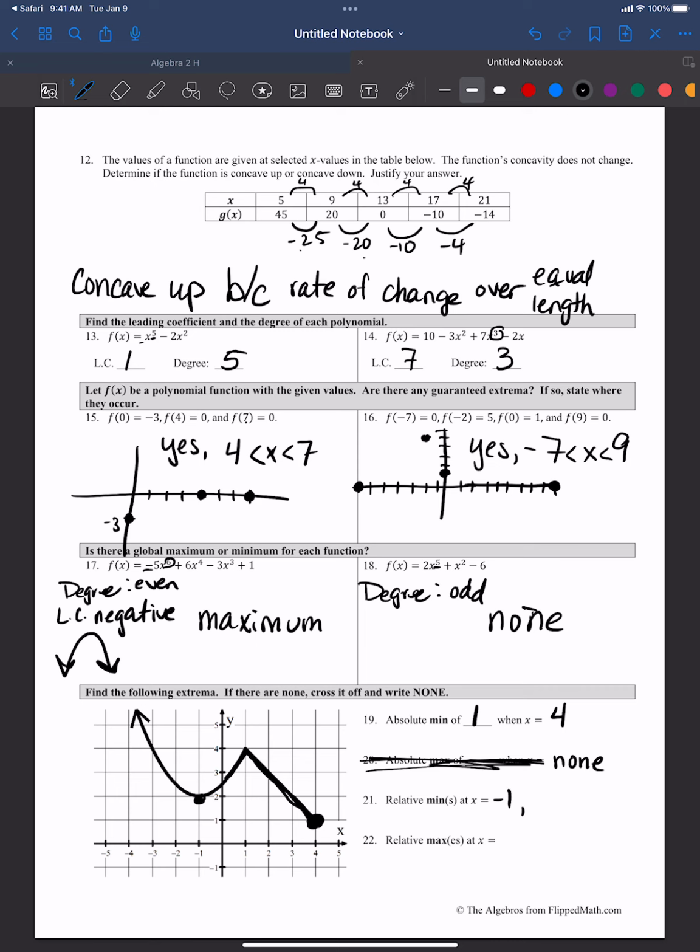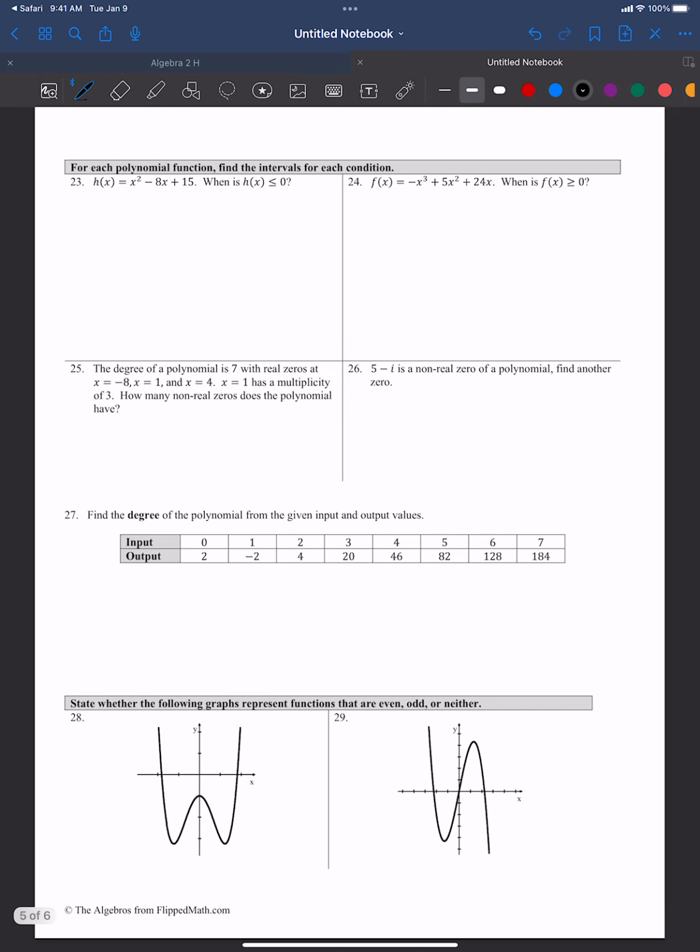And I've already identified the other minimum at x equals 4. So those are my two, right? And then a relative max, I do have one when x equals 1. So those are all the information that I needed from that question, from that graph.